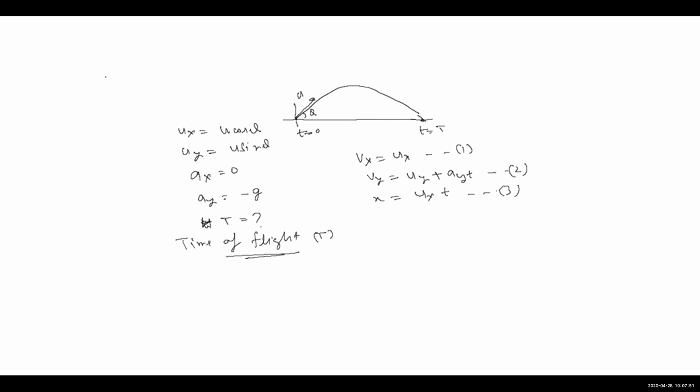And y is uy t plus half ay t squared, that was the fourth equation. These four equations we were having. These will be the equations we'll be using while deriving it.